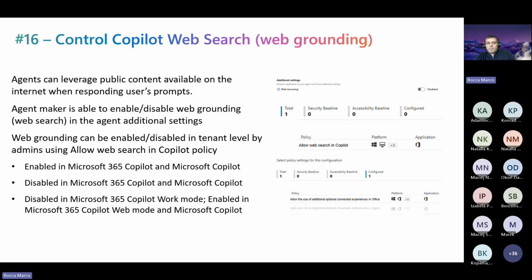This is the old policy that may be the starting point, but now in the M365 agent it's also possible to define a list of external sites.